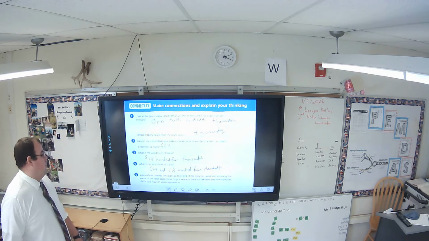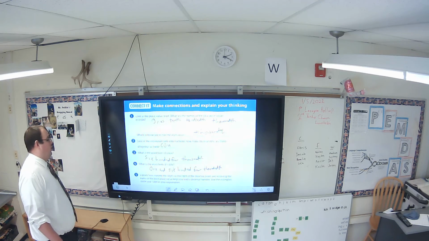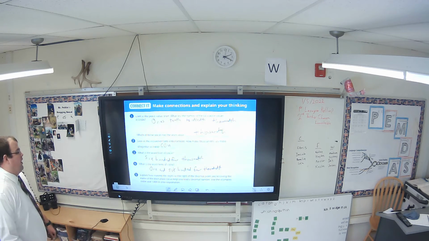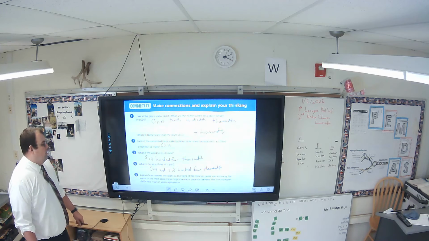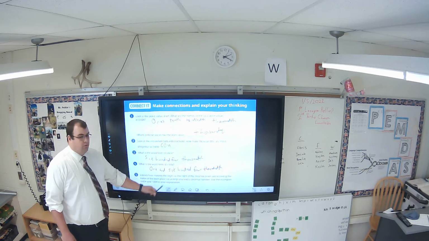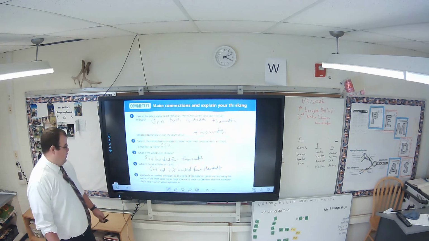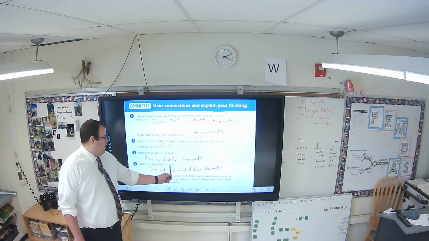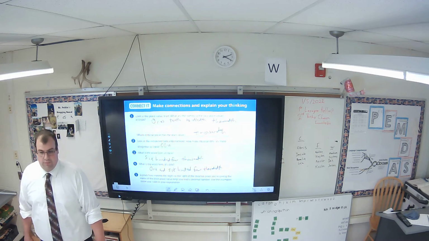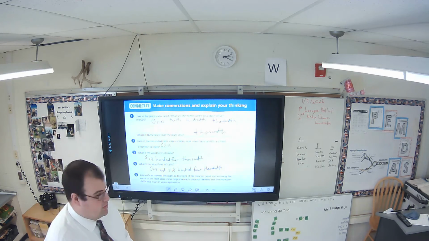Explain how reading the digit to the right of the decimal point and knowing the name of the least place value help you read the decimal. How does knowing that that's 604 help us know what to say?